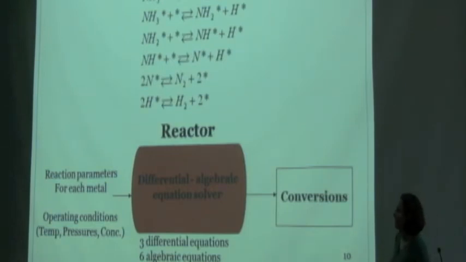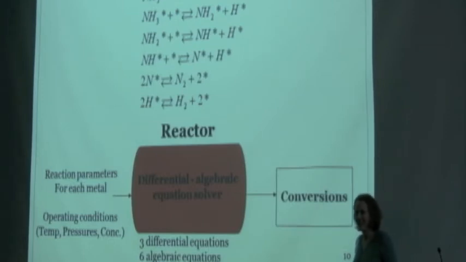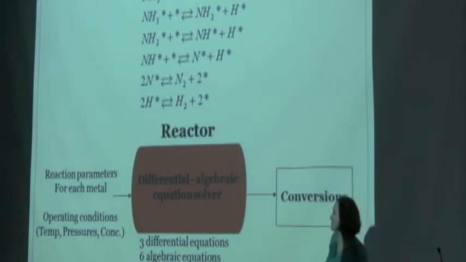So this is a display of the reactor that I use, a computational reactor. I'm guessing some of you guys have had algebra and differential equations a little bit. So basically we use differential equations and algebra in order to solve the reaction.